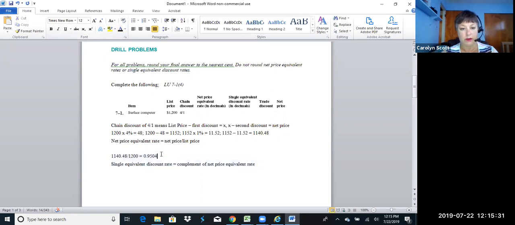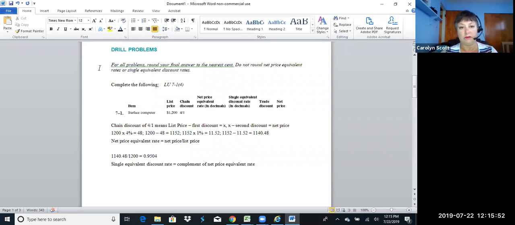So we know that our net price is $1,140.48. So we divide it by 1,200, and that gives us 0.9504. Now you may be tempted to say that that's 95%, but it's not.